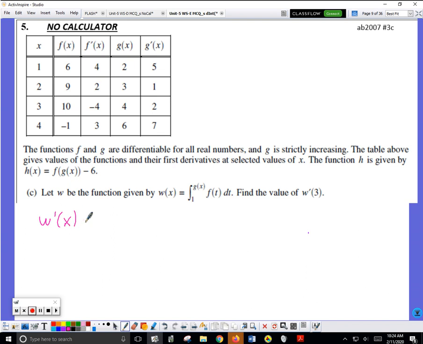I keep trying to convince all of you, finding the derivative of an integral is the easiest derivative you ever find. You just take this, right there, write it down. In place of the input variable, plug in the upper limit. Multiply by d over dx of the upper limit, because I'm taking the derivative in terms of x. Minus, pause, question.